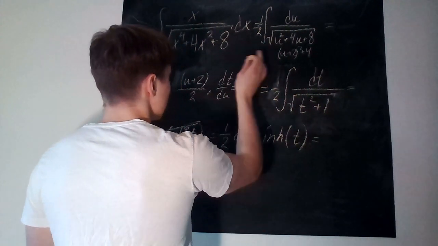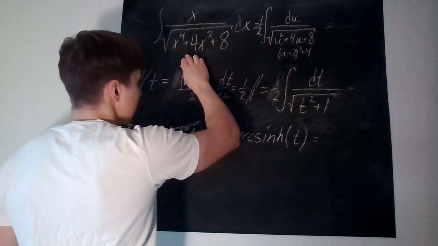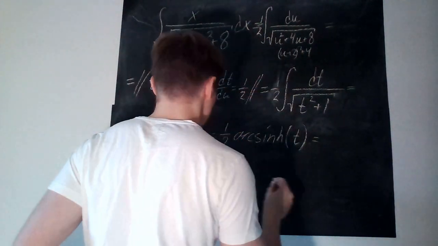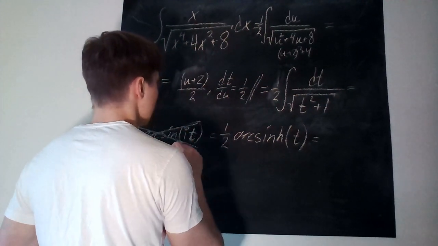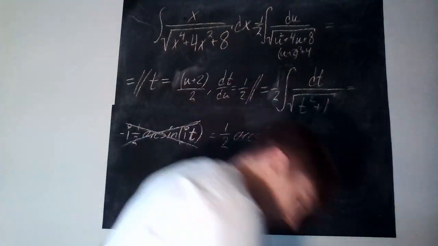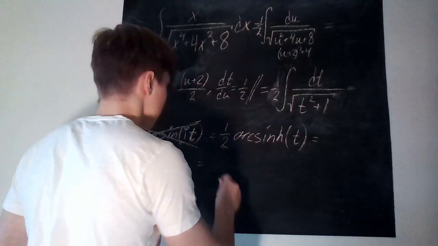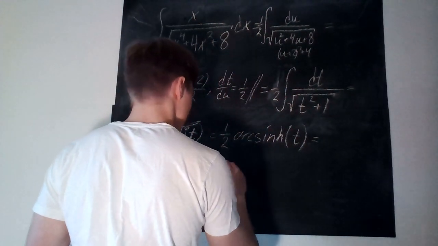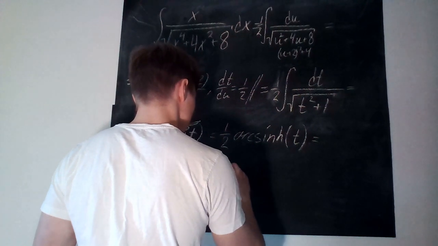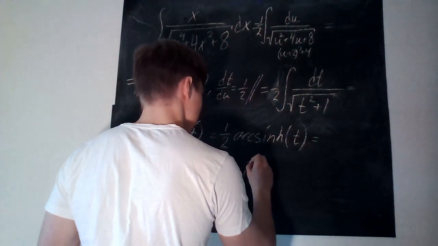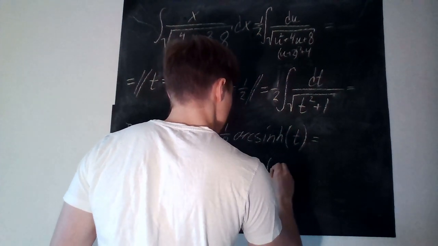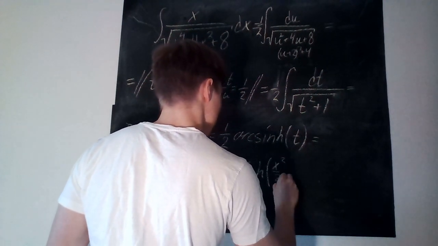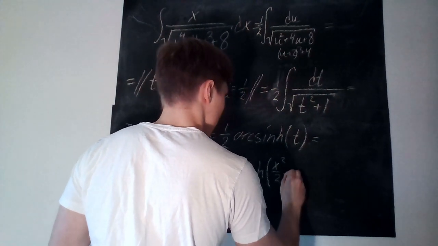And then u was equal to x squared, right? So we put an x squared over there. So this would just be 1/2 times arc hyperbolic sine of (x squared over 2 plus 1).